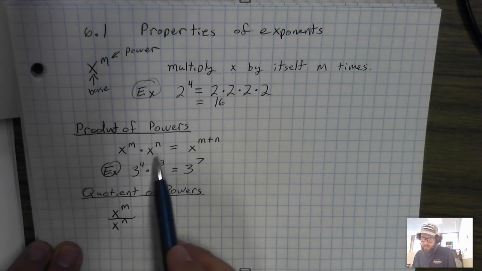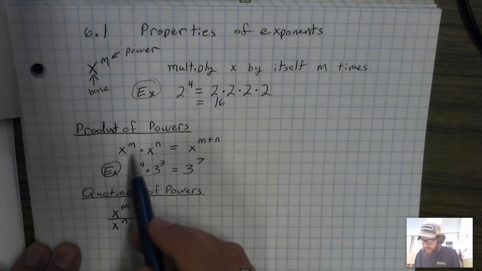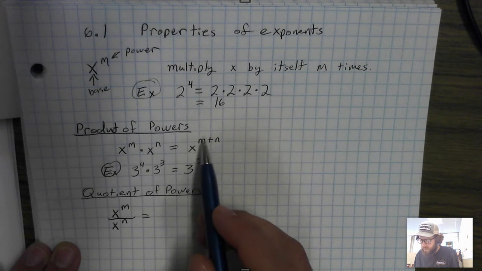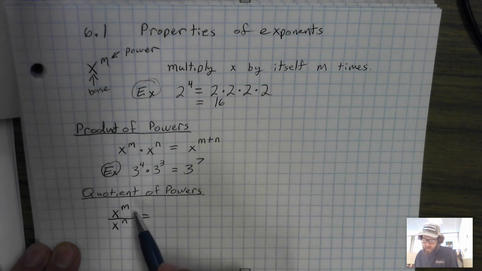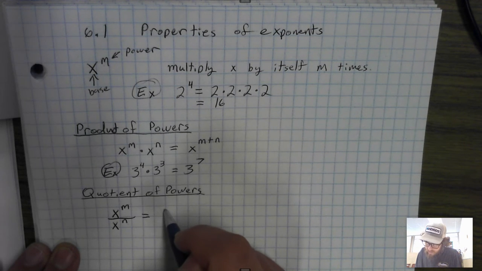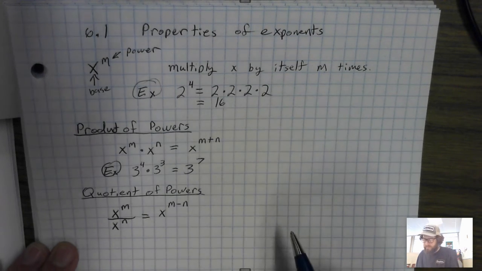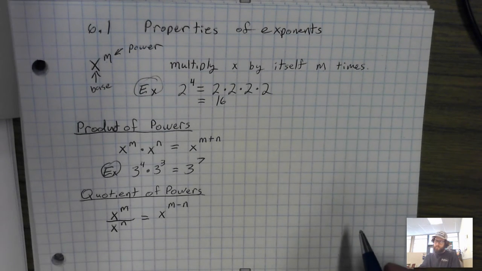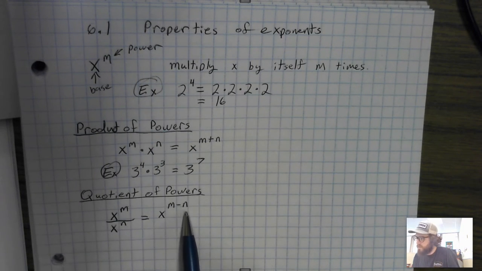Division is the opposite of multiplication. So the way I remember this is if I'm multiplying, and that means I end up adding the two exponents, well, here, if I'm dividing, now I'll do the opposite of that addition, and I'll end up subtracting the two exponents. So the base remains the same. X to the m divided by x to the n means I now have x to the m minus n, where above I added them, now I'm subtracting them.